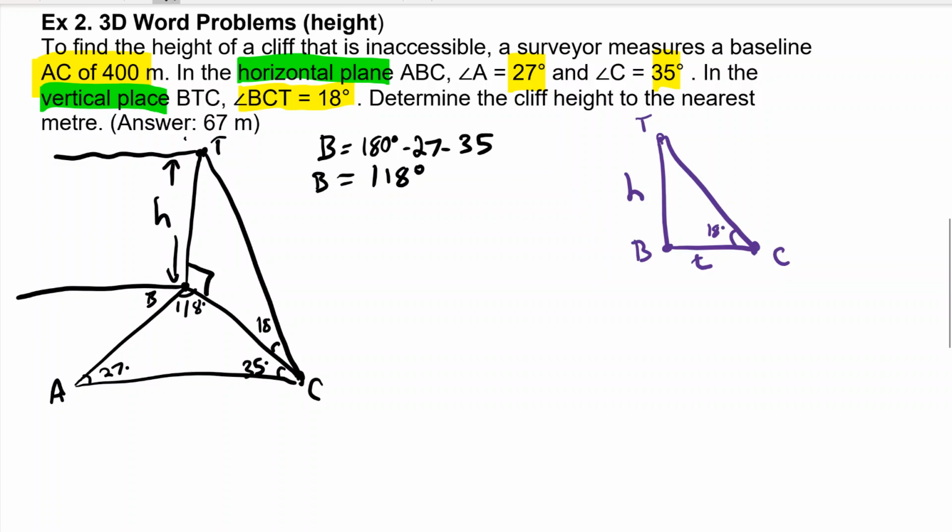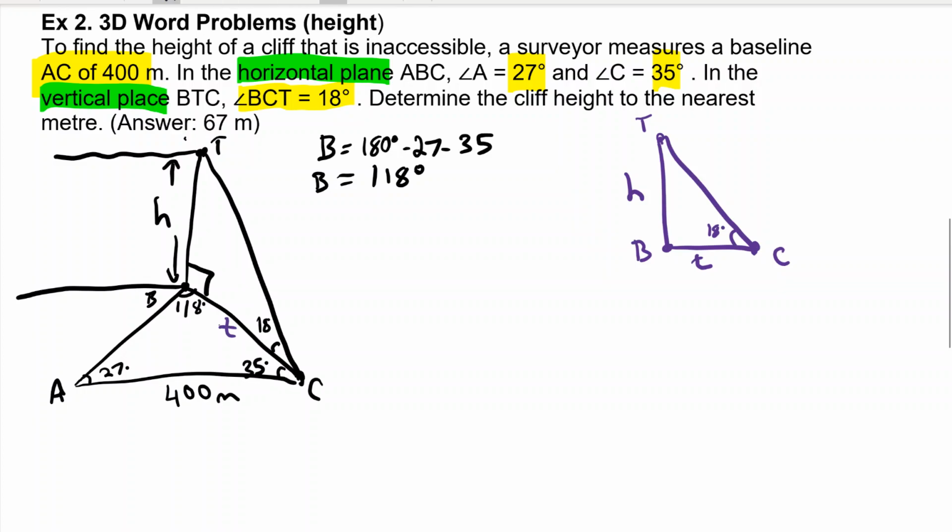I also know from the first part of the question that side AC is 400 meters, and its opposite angle is 118 degrees. Since its opposite side is 400 meters, I have an opposite side-angle pair. I can use sine law to figure out this side t right over here.